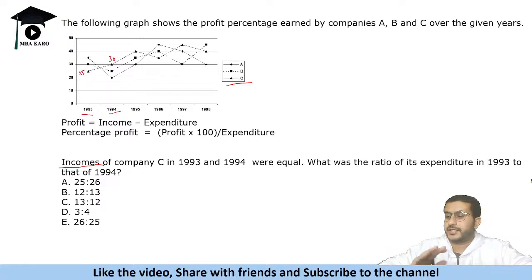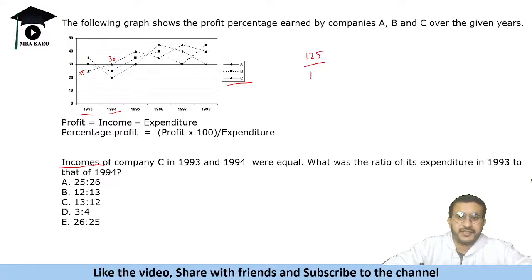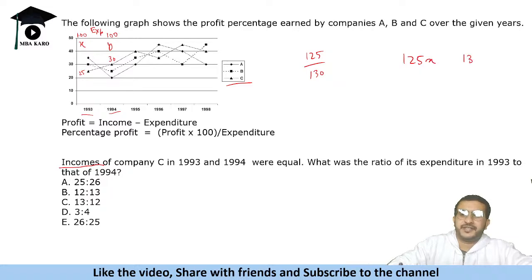Now इसमें दो तरह के आंसर्स आएंगे. ठीक है, some people will take 125 and 130 for 93 and 94. कुछ लोग ये कर लेंगे. See, income is equal, right? So let us say expenditures are 100x and 100y. ठीक है, ये expenditure है. So what will be the income? 125x and 130y.